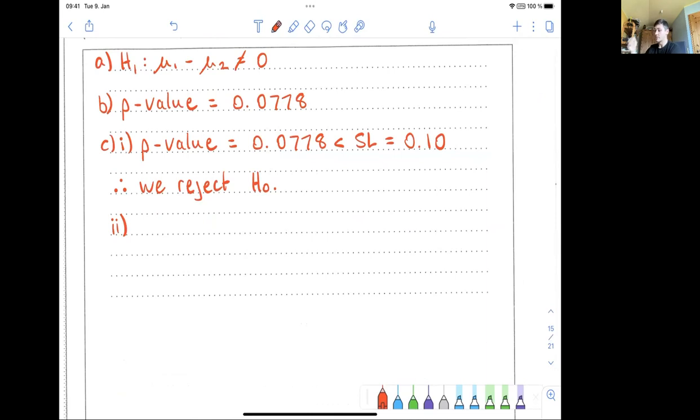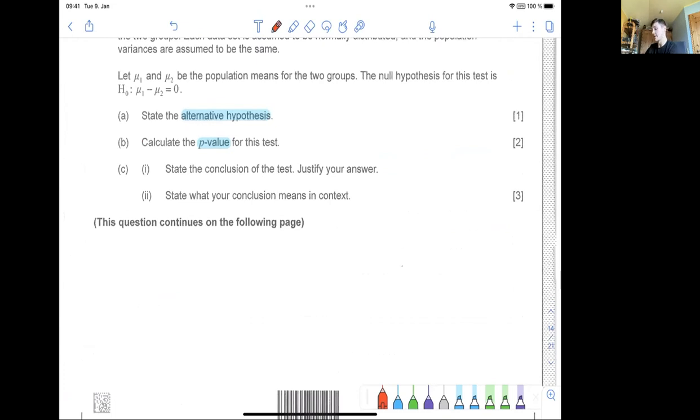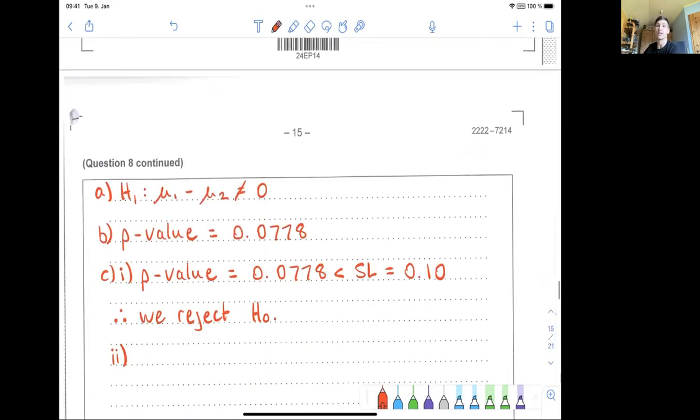And since we're rejecting the null hypothesis, which is stating that the means are equal to each other, that means our conclusion is that the means are not equal to each other.